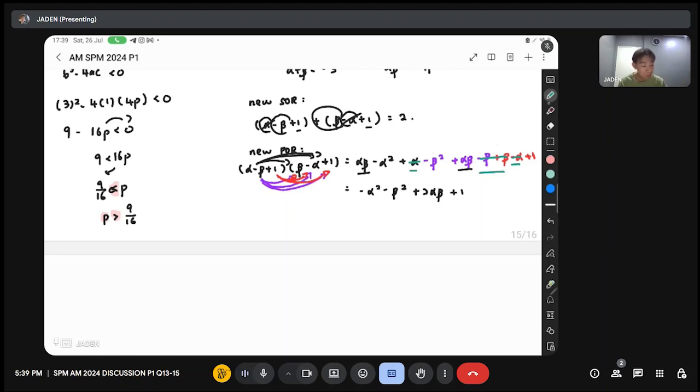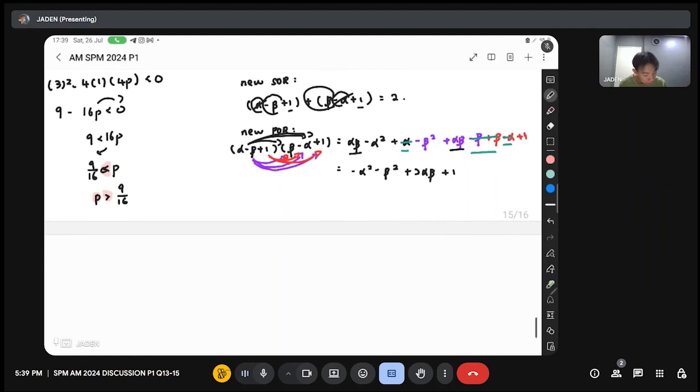Now to continue from here, this one we speak from experience. The next step you have to do is turn this into a negative bracket, write it down: alpha squared plus beta squared, and then plus 2 alpha beta plus 1.